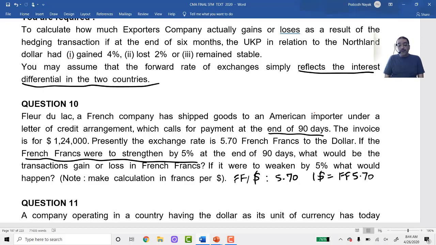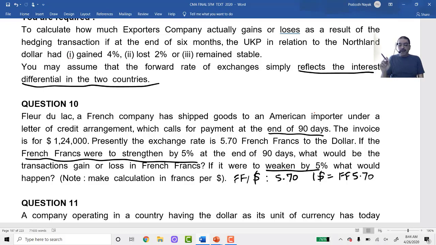So if the French francs were to strengthen by 5%, then the dollar will weaken by 5%. What would be the transaction gain or loss in French francs? If the French francs were to weaken by 5%, then the dollar will gain by 5%.